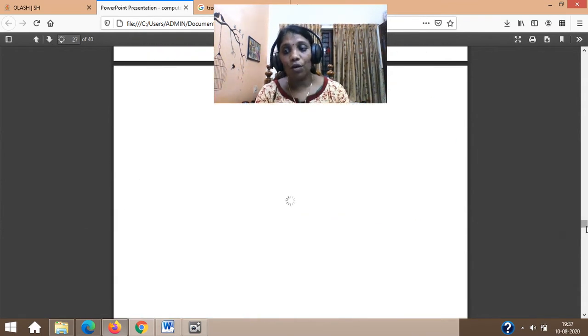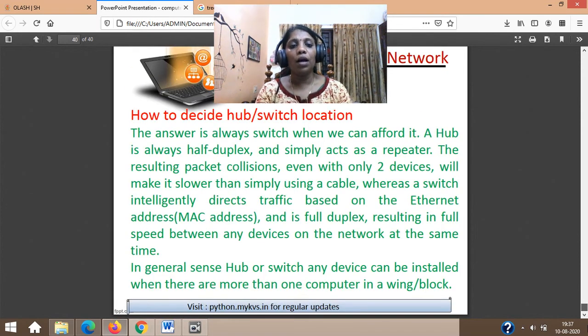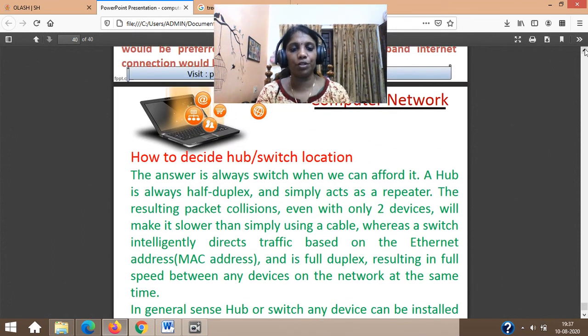They can ask you one question: to draw the layout. So you should draw it with the help of the star topology. Now, if they ask which one to prefer, hub or switch, for your star topology: if cost is not a problem, that means if you can afford it, the answer should be switch. Hub can be used when you are not worried about filtering of data, or when you have less expense, or when you don't have enough money to spend on your network.